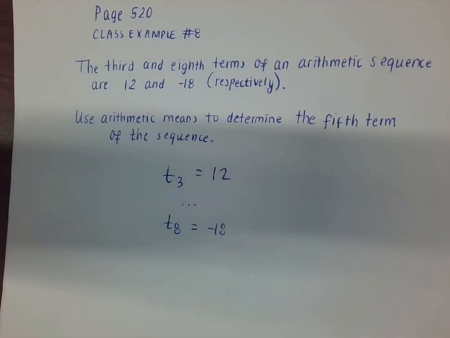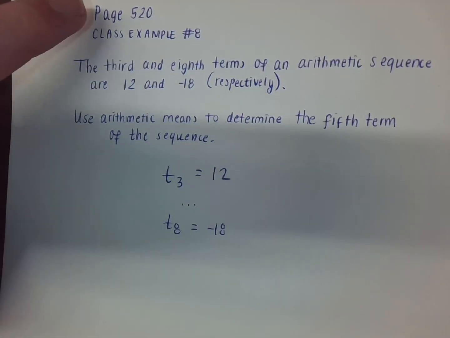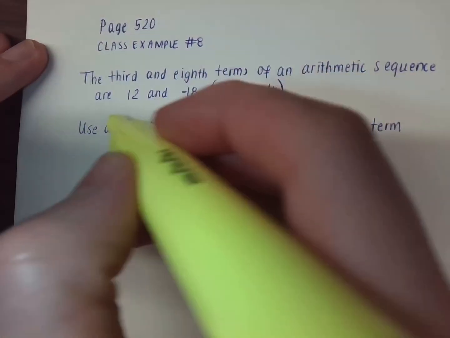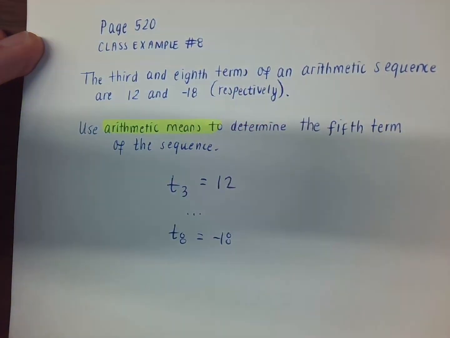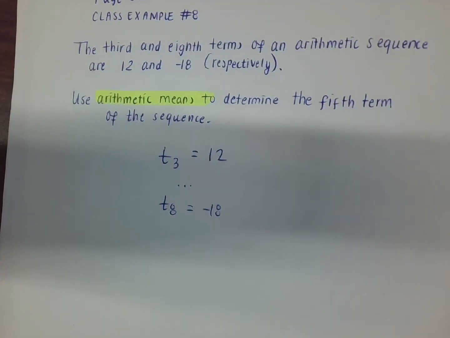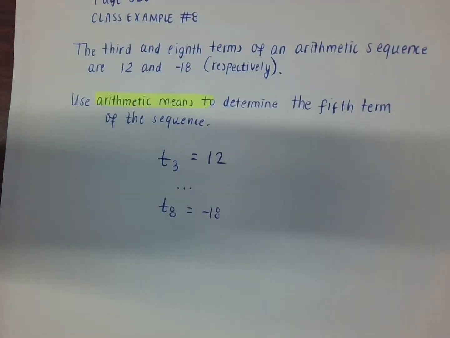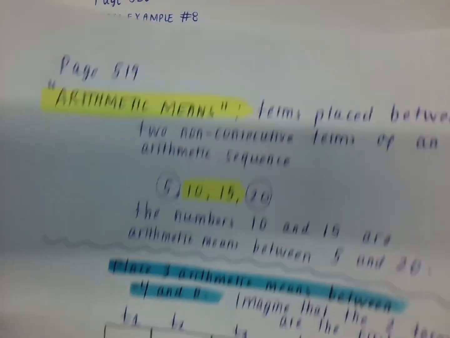It says, and this is from the book, page 520, use arithmetic means to determine the fifth term of the sequence.